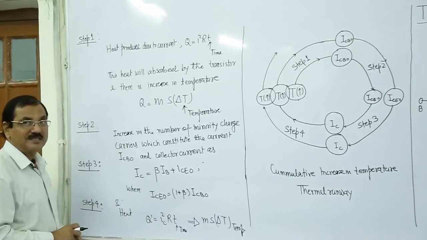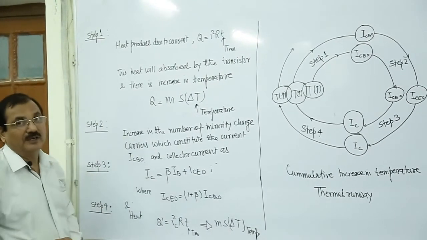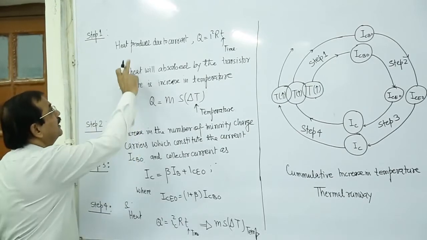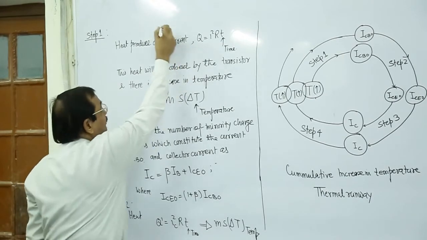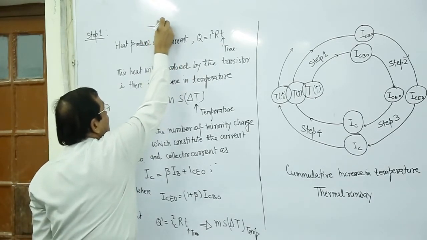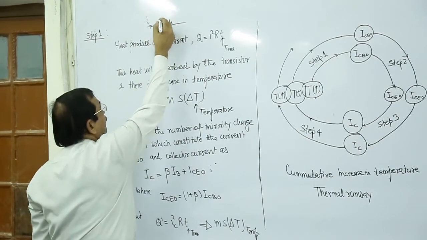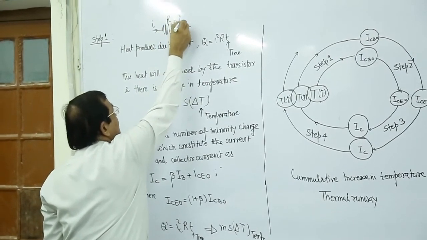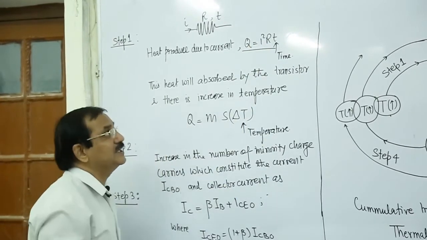So if we categorize the whole concept in various steps, what is step 1? Heat produced due to the current. It is the simplest: here it is the current I, here R is the resistance, T is the time, and Q is the amount of heat. So Q is equal to I square RT.